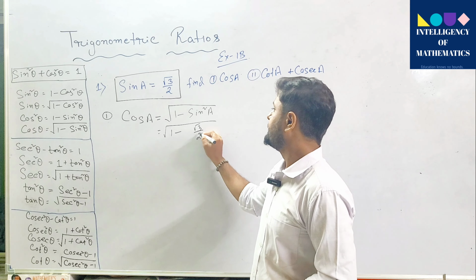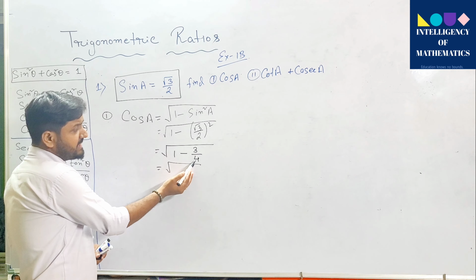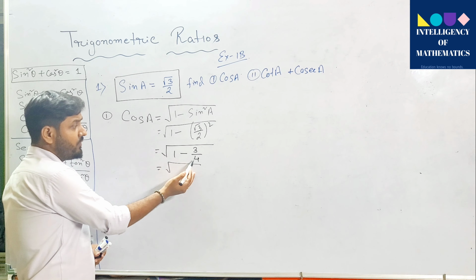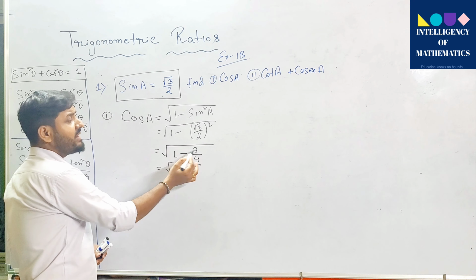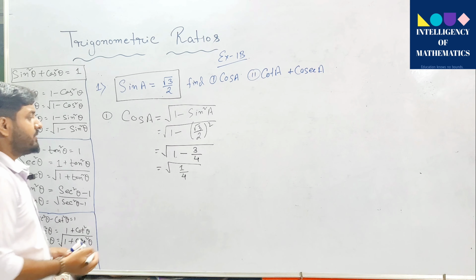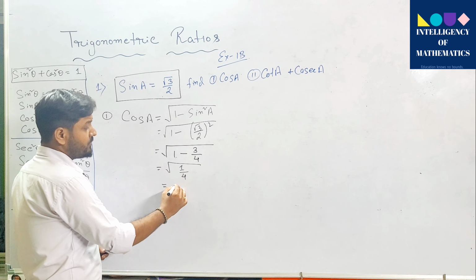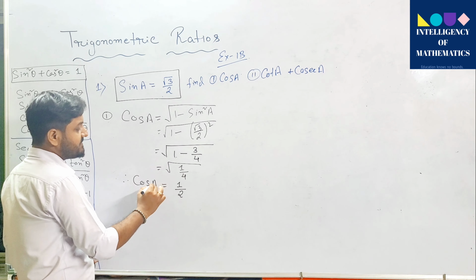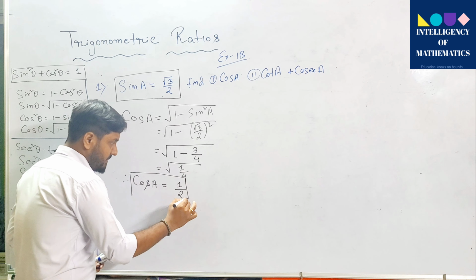Root 3 square is 3 and 2 square is 4. Solving by LCM, 4 into 1 is 4, minus 3 is 1, with 4 down. So we get 1 by 4, and root over 1 by 4 means 1 by 2. Therefore cos A's value is 1 by 2.